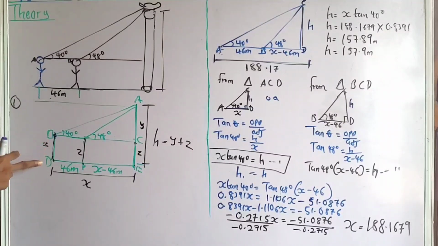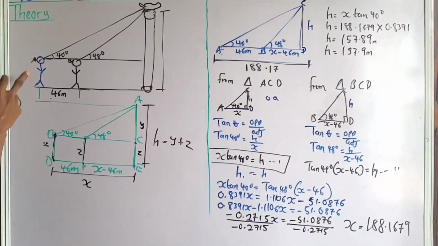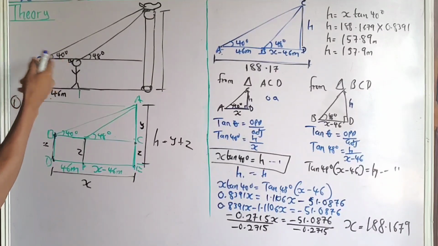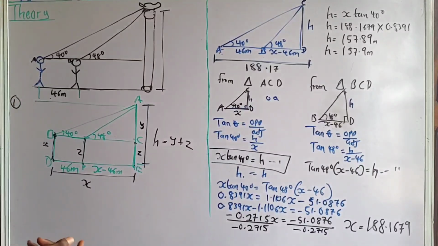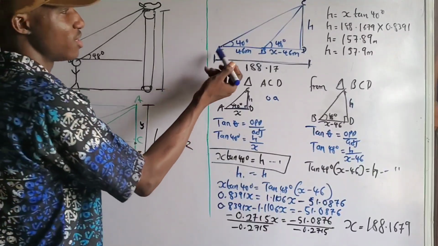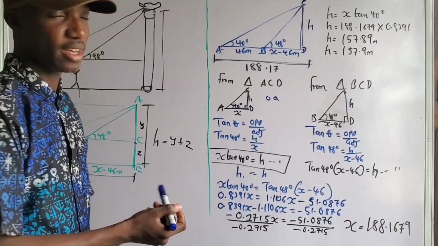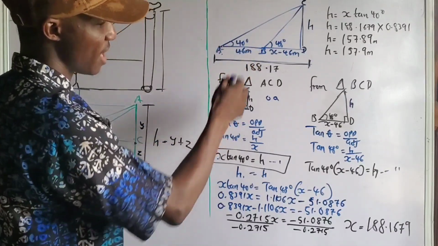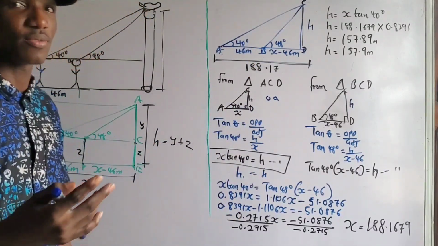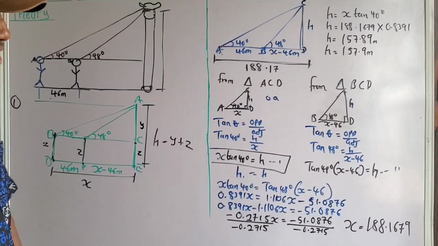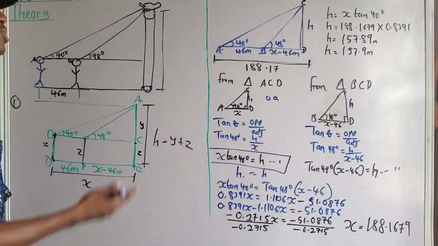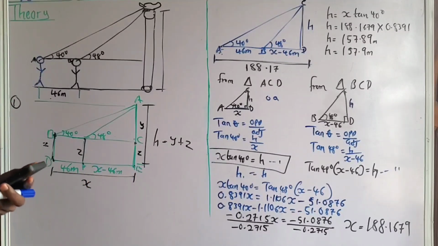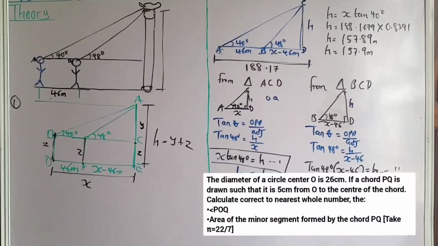We don't know the height of these people, like Abu and Badu. So they want us to neglect the height. So I proceed with this diagram. Do you understand? I arranged the diagram and used the necessary trigonometry formula to get the value of the height. Okay, so if you have any question regarding this topic, angle of elevation and depression, let me know. Okay, now let's look at the next question.